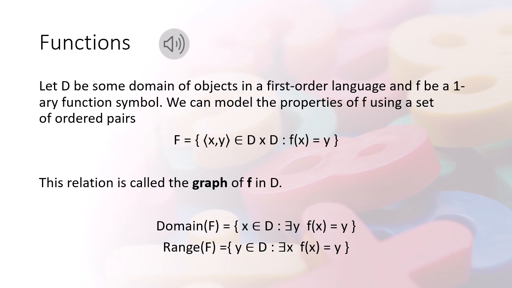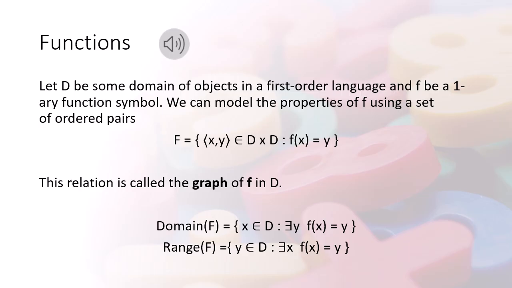And we can model the properties of our function symbol using a set of ordered pairs. And in this case, we will represent it not with a relation R, but an actual function, which I'll call capital F. And it consists of those ordered pairs in D cross D, so ordered pairs from this domain D, with the property that when you apply the function to x, you get back this value of y.